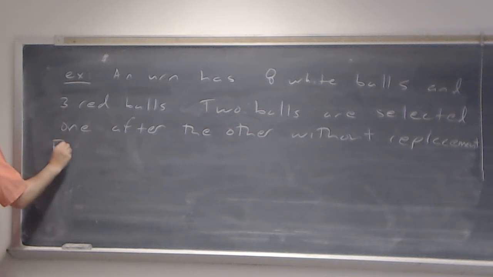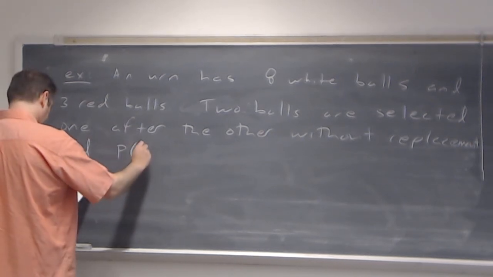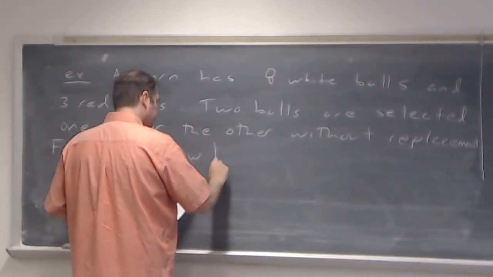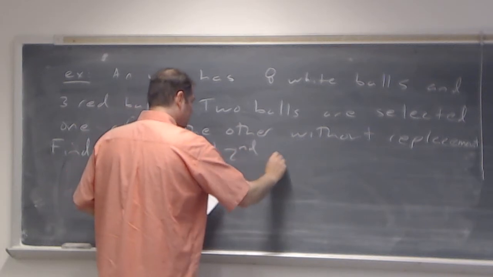Find the probability, this is the conditional probability, that the first is white, given the second is red.